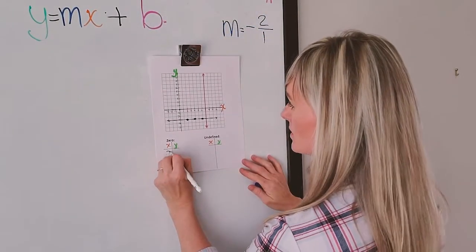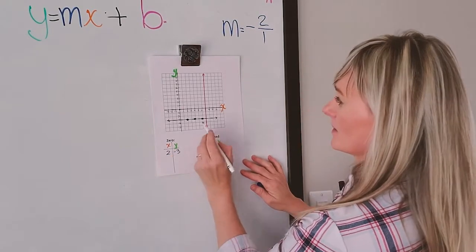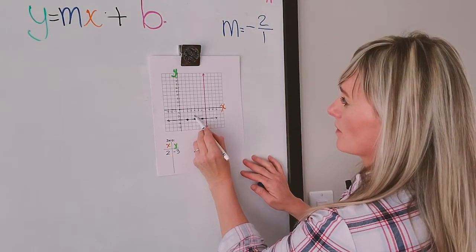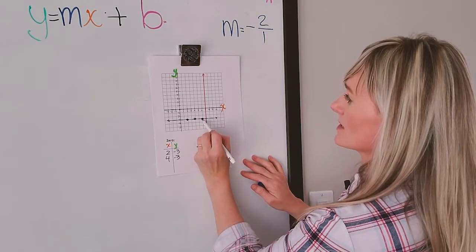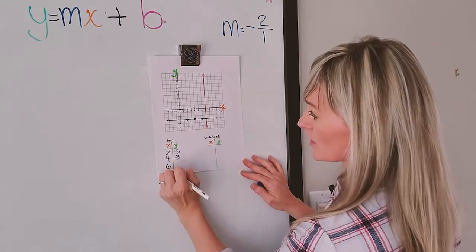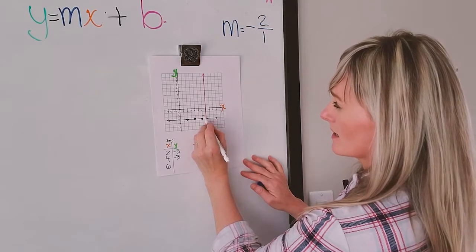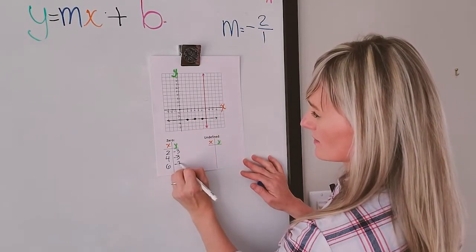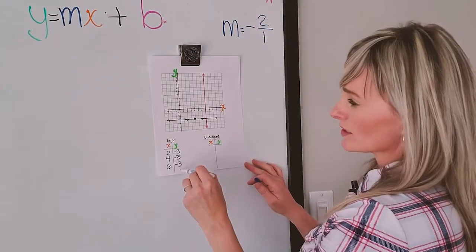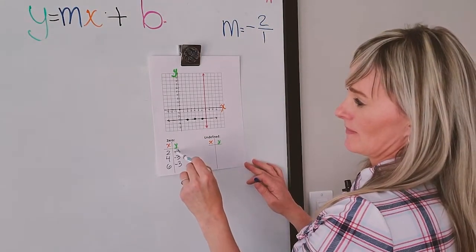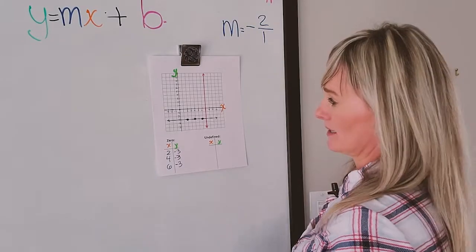So let's put 2, -3. What's this one? 4 and -3. What's this one? 6, because we always start with x, and -3. That's curious. This whole time, y is -3. That never changes.